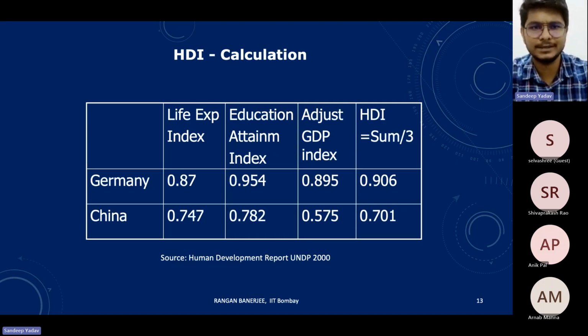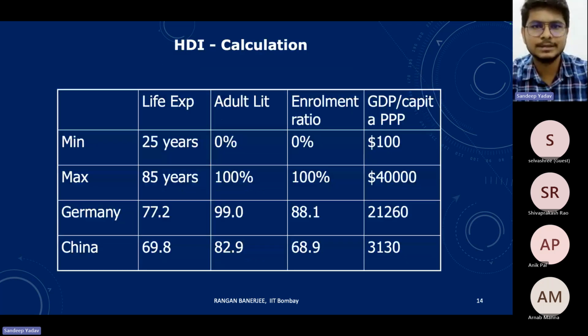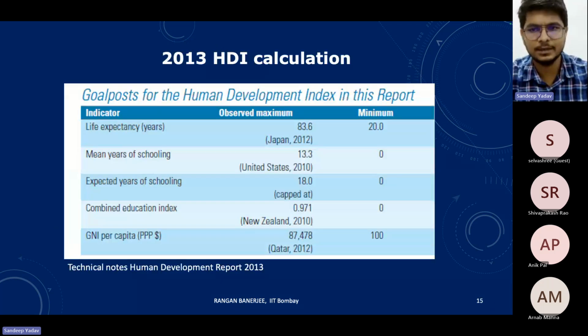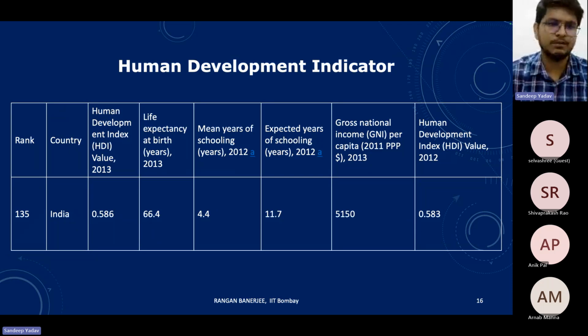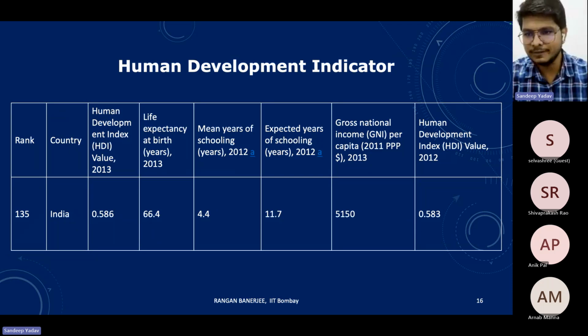So the HDI calculation is shown for Germany and China. This is an example, taken from 2013. Now coming to India, that is the old data around 2012. If you see, the human development index of India is 0.583.